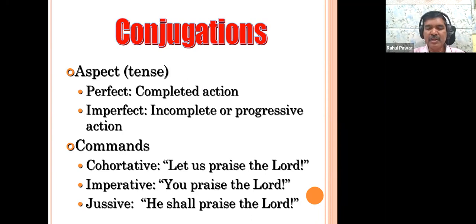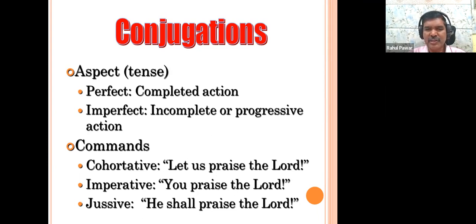And imperfect is action that is ongoing or progressive, and it will be completed in the future. So that action is incomplete or progressive. So in Hebrew, in Cal only, you will find two types of action, perfect and imperfect.